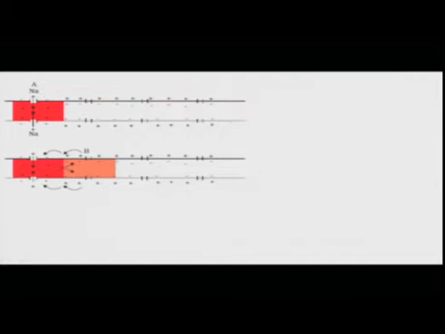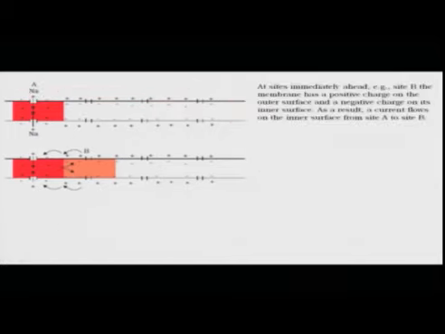So, what happens is, at sites that are immediately after site A, say site B, the membrane has a positive charge on site A, but then there are negatively charged ions present still in site B. So, what will happen, these ions will tend to diffuse from here to here.